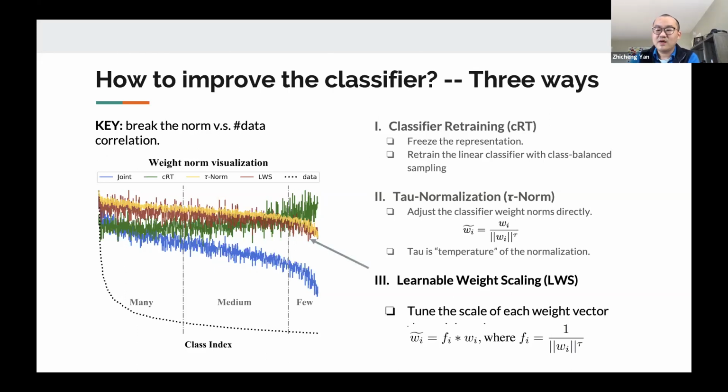Since the number of parameters is very small, basically 1 tau per class, the optimization is an easy task. And the results show we can also balance the distribution of the weight norm by doing this learnable weight scaling.